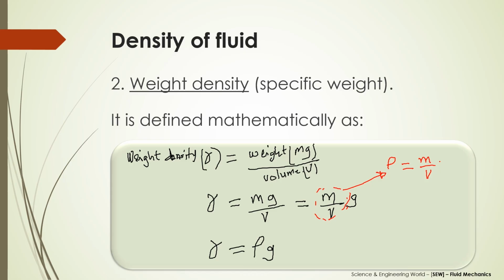And the unit of force is Newton, and then per volume, which is meter cube. So specific weight is rho g, which has a unit of Newton per meter cube. So let's call this one expression 2.